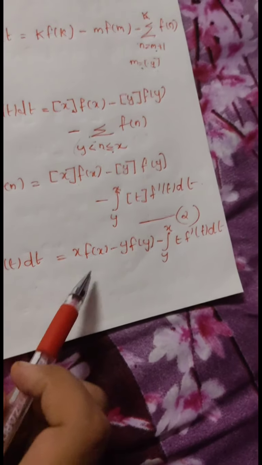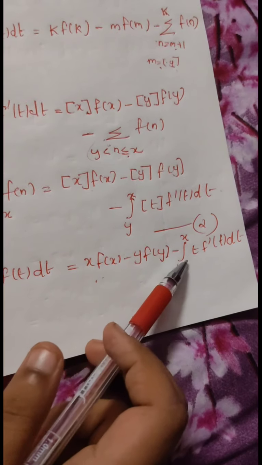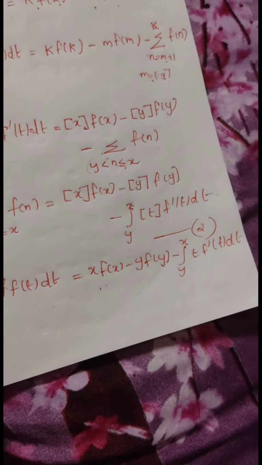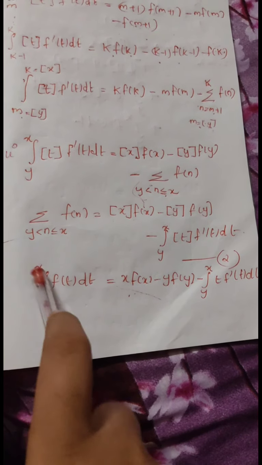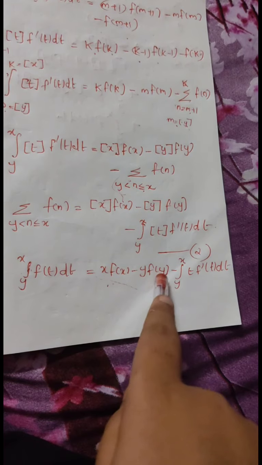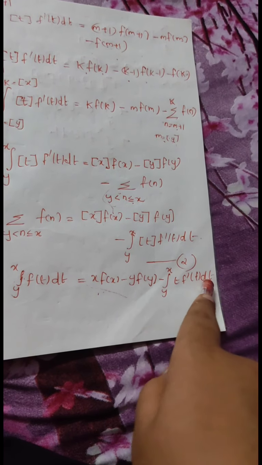This we get. So the integral from y to x of f of t dt is equal to x f of x minus y f of y minus the integral from y to x of t f dash of t dt.